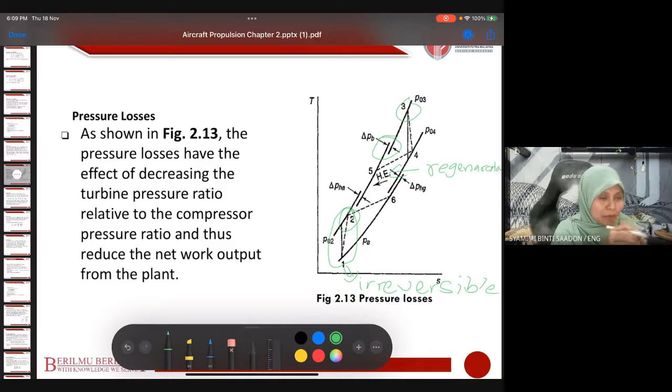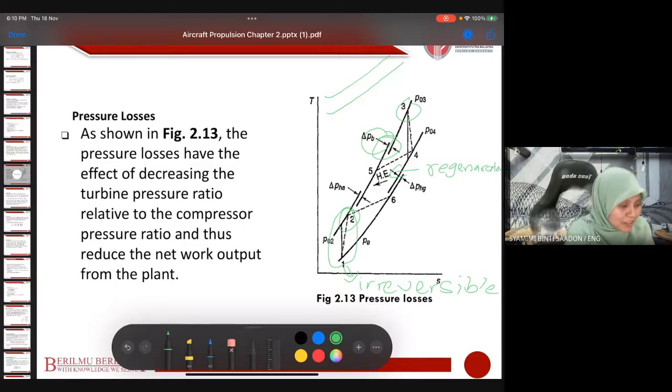Remember in the ideal cycle, we assume that the process in the combustion chamber occurs isobar, meaning constant pressure. But in the real case, there is somewhat of a pressure loss here. That's why the isobar line curves this way. That is the isobar line in this thermodynamic diagram.